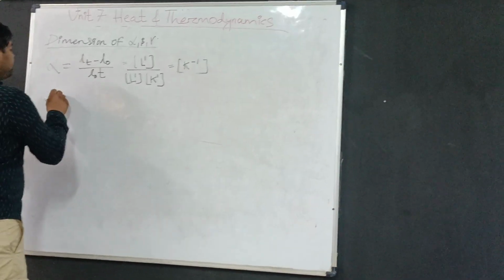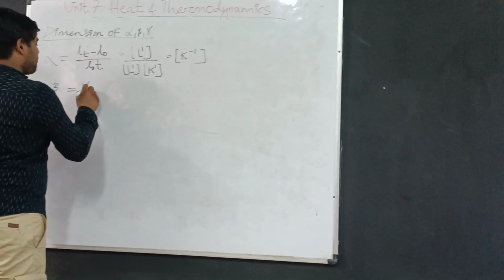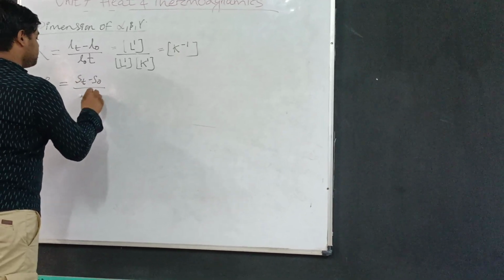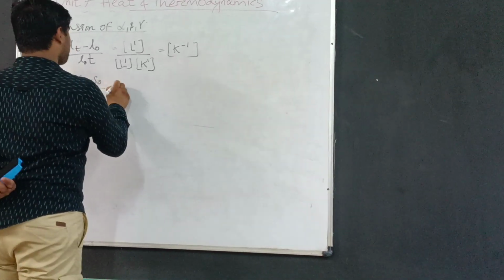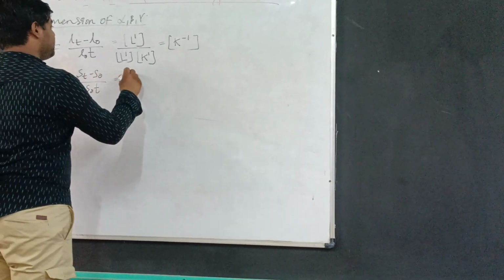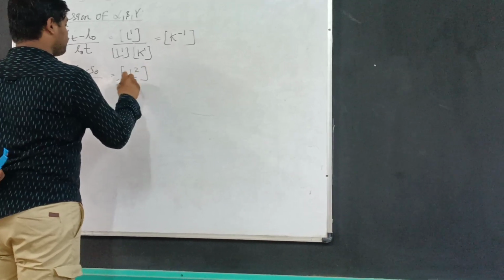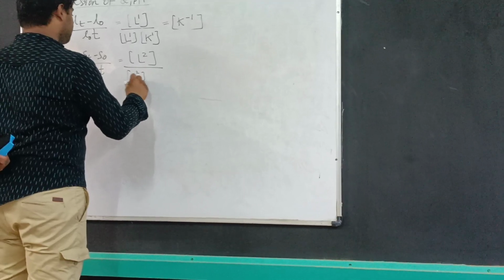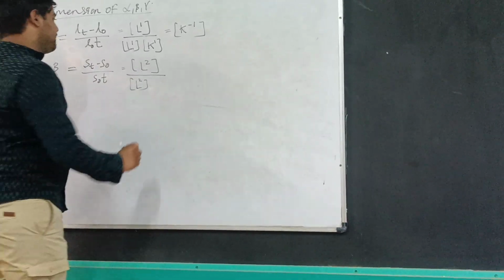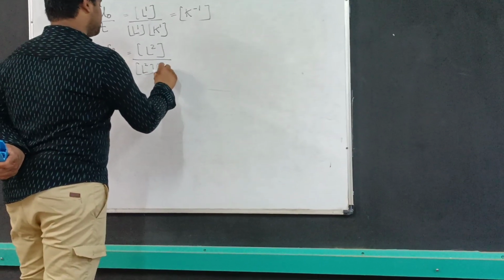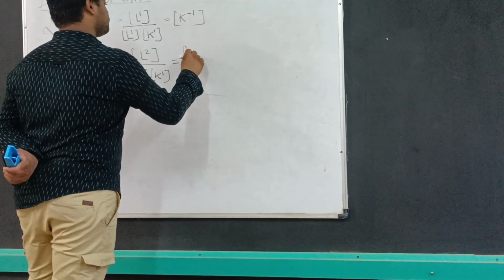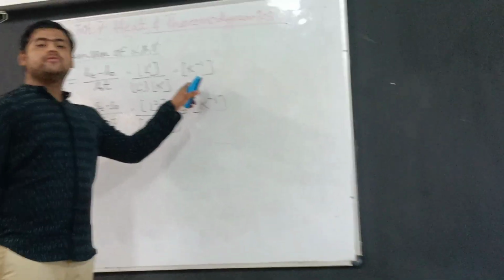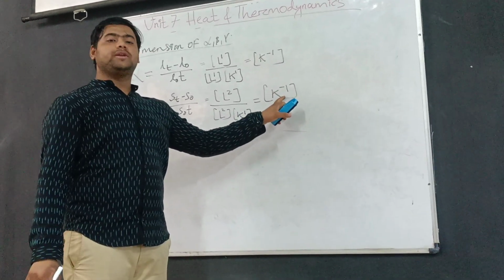Similarly, the dimension of beta will be St minus S0 divided by S0 T. So the dimension of area we know is L2, the dimension of S0 is L2 and the dimension of T is K1. The dimension of beta is also same as that of alpha, which is K to the power minus 1.